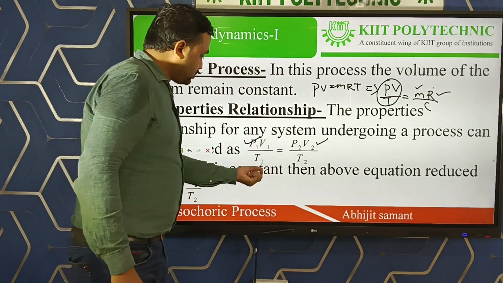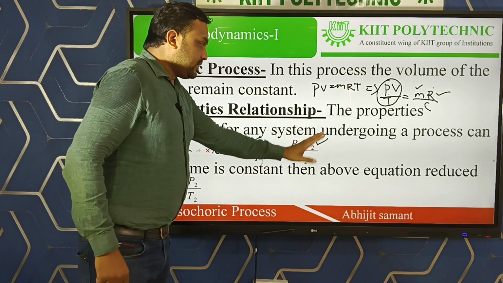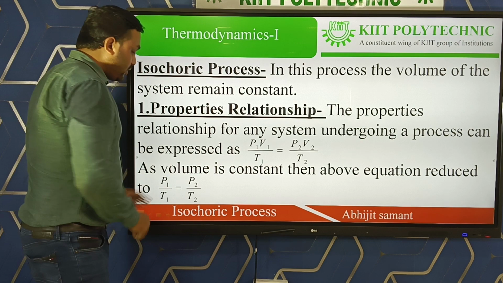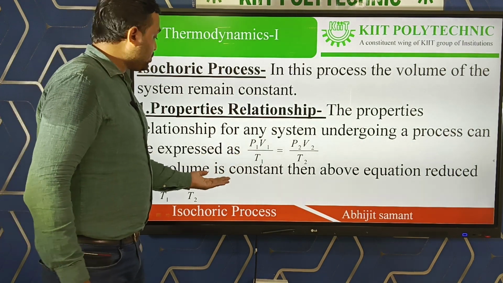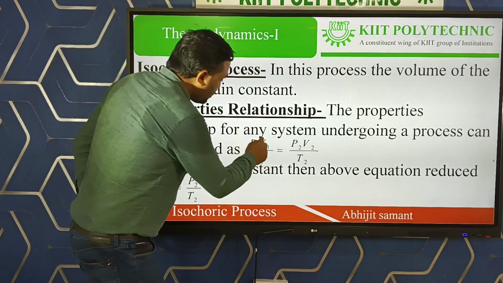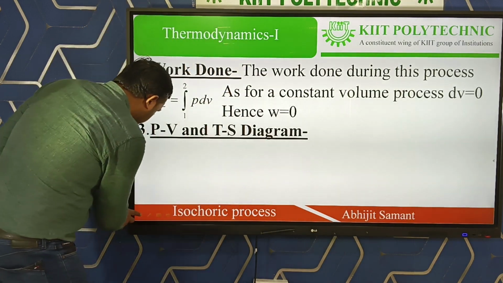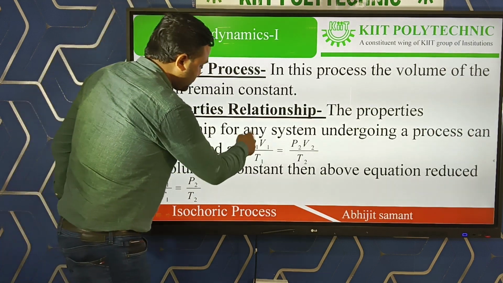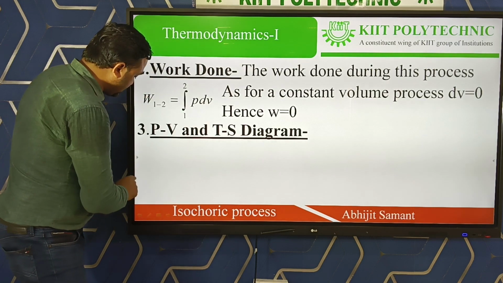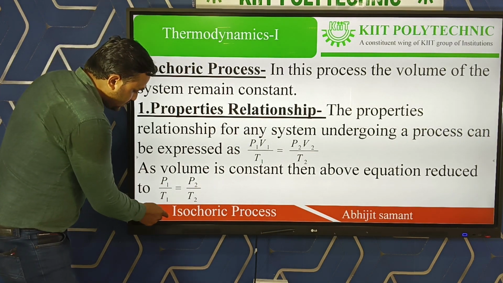So we can write that P1 V1 by T1 is equal to P2 V2 by T2. Since volume is constant in the isochoric process, volume is omitted, and the equation becomes P1 by T1 is equal to P2 by T2.